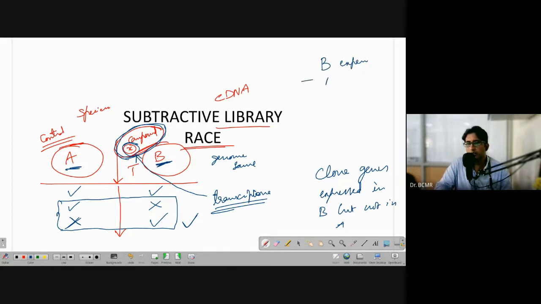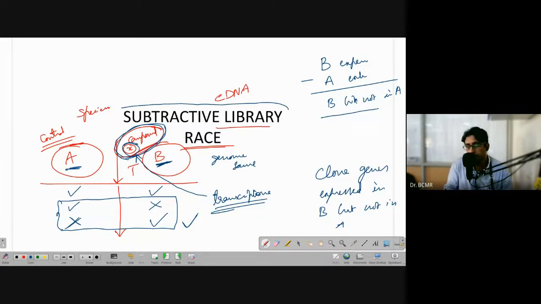You are subtracting A expressed genes. What will be left? Genes expressed in B, but not in A. And that's why we call it a subtractive library. And because we are cloning them, we call it a library.